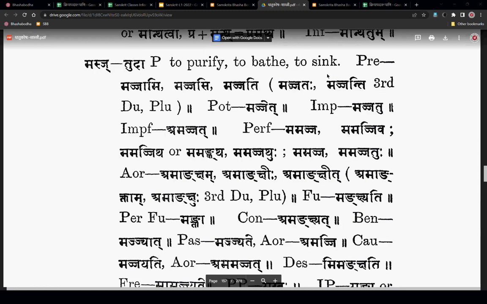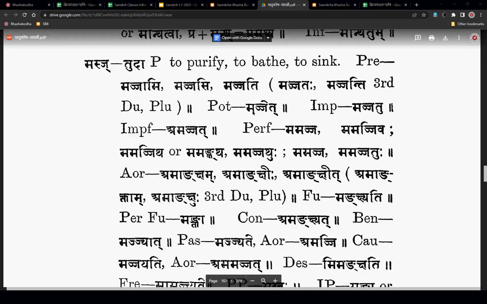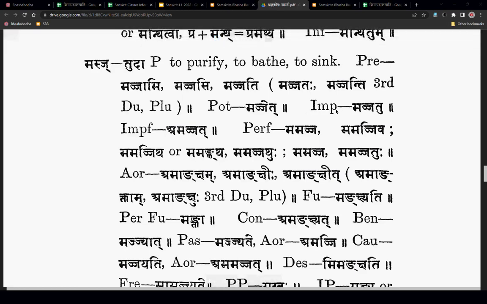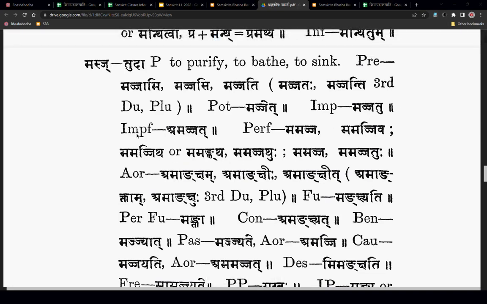All these legends, what they mean, you can see in the beginning of the book. And the potential means Vidhilinga, here Majjet. Imperative is the Lot Lakara. This is Majjatu. This is just one example given here, because once you understand one form, Majjatu, Majjatam, Majjantu, like that, all the other forms you can understand.